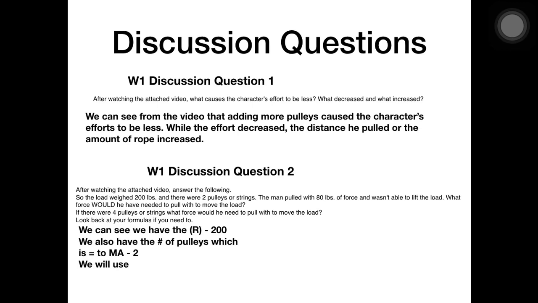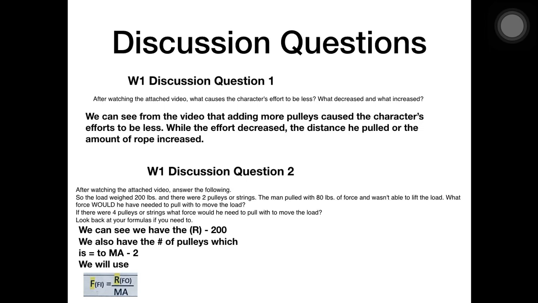So we can see we have the R of 200, okay? The load that he was wanting to move weighed 200 pounds. We also have the number of pulleys, which is equal to mechanical advantage, and that's 2. We will use force in equals R, the weight of the object, divided by mechanical advantage.